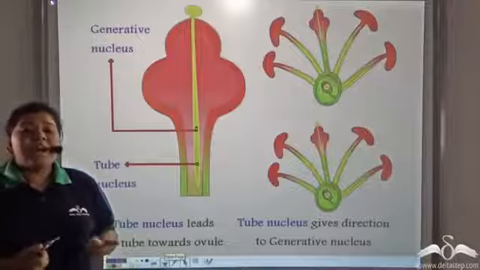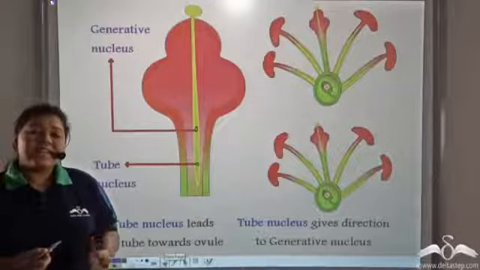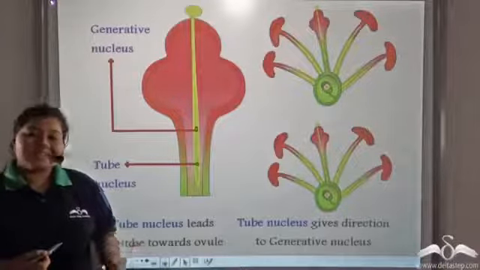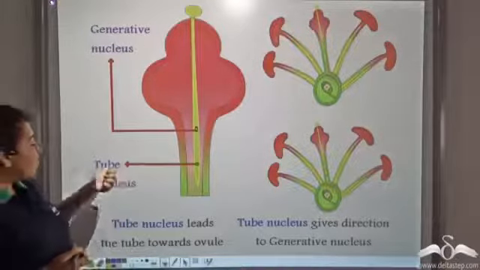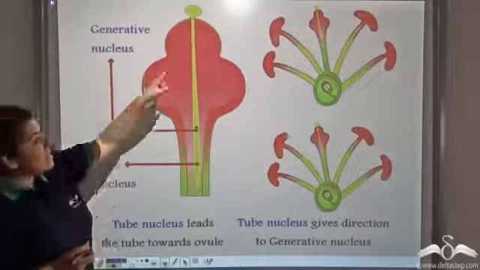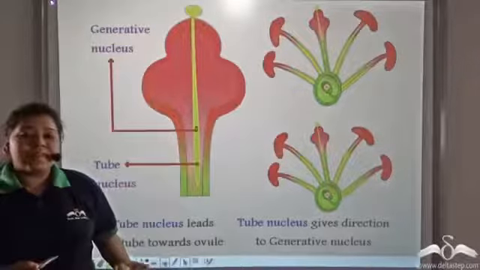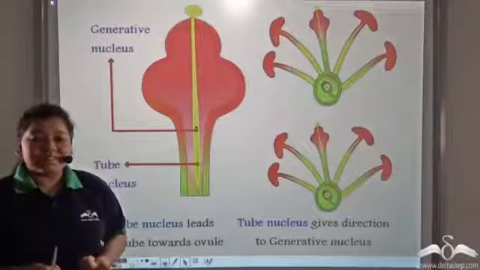Now, we also had talked about two nuclei that were present in the pollen grain, the tube nucleus and the generative nucleus. Now, the tube nucleus leads this tube formation towards the ovule, and hence it is known as the tube nucleus.